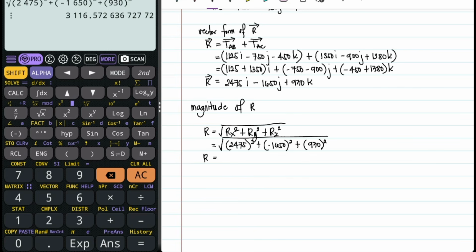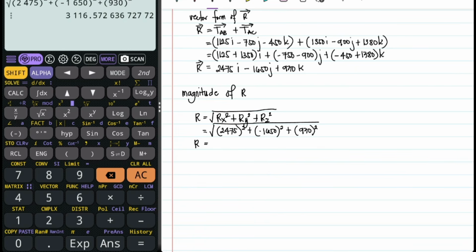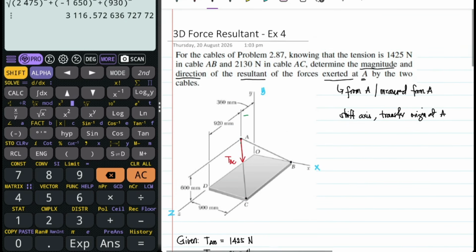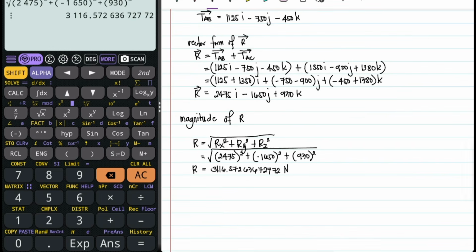Okay, so therefore the final answer for the magnitude of our resultant force would be 3116.57263672772 newtons. Newtons, right? Okay. Again, don't forget to box your final answers.